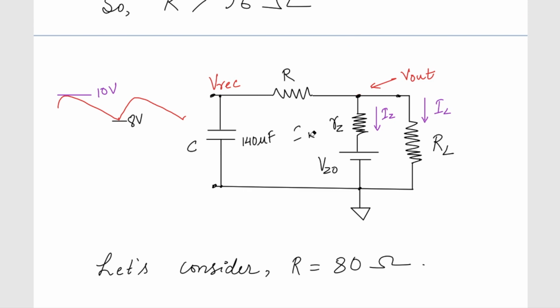Now the current flowing through this resistance, which is basically IR, will be the summation of these two currents: the current flowing through the Zener, IZK, and the current flowing through the load, IL.